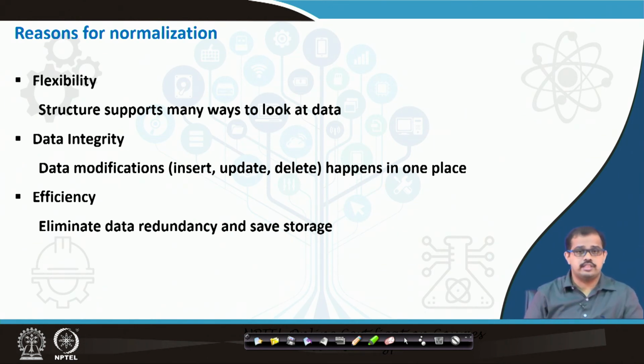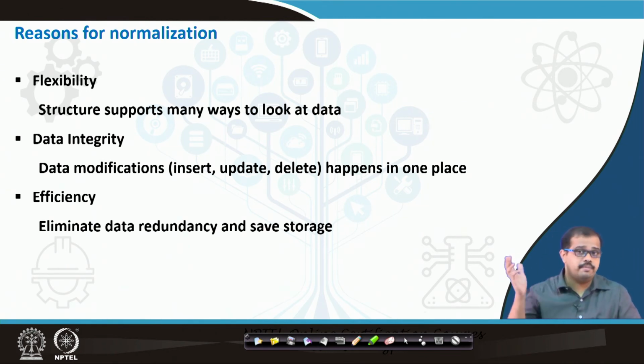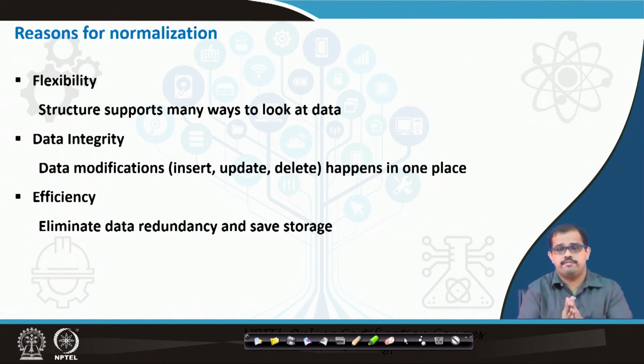Then you have efficiency. One very important part of normalization is efficiency, because it saves space and also saves time when you are looking at the entire database. For example, if someone is trying to access a very big database even through a mobile phone, though mobile phones today are very efficient, in some places where the network is an issue, accessing the entire database over the network should be extremely efficient.